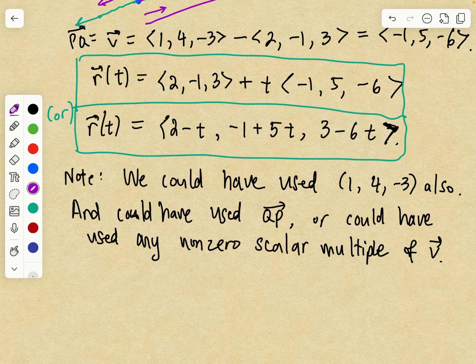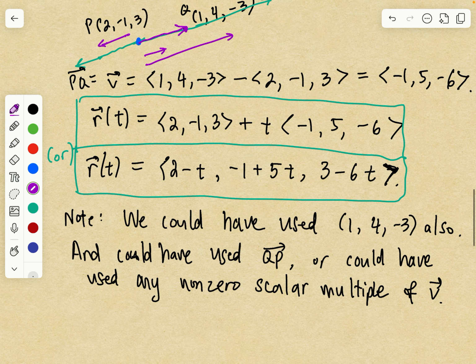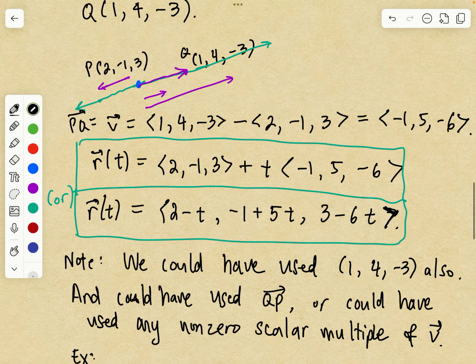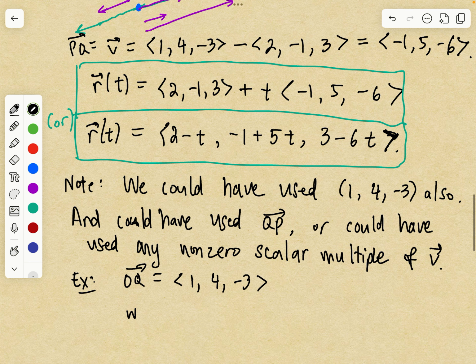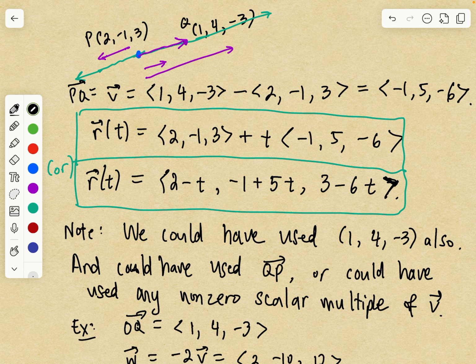And if you do this, for instance, you could have used OQ, which is the vector 1, 4, -3, and then you could have used, say, the vector W, which is like -2V, and that would have been 2, -10, 12, right? Because our V was -1, 5, -6.